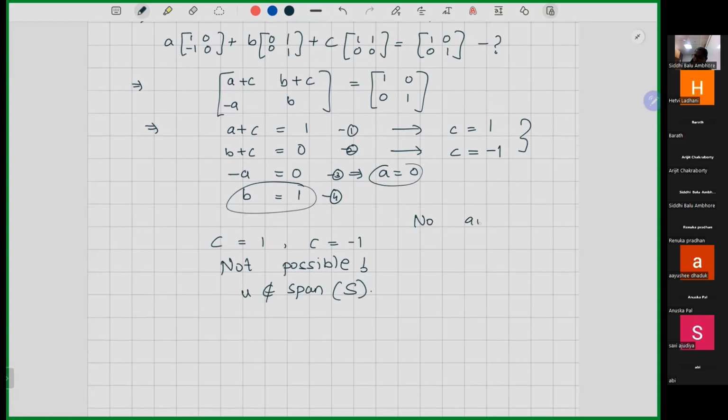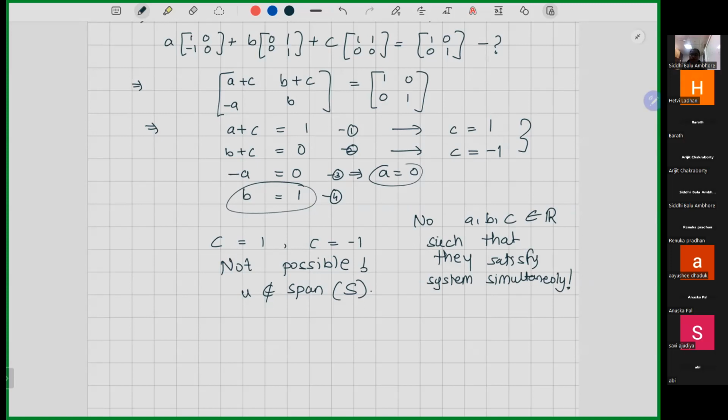Okay? Because no A, B, C exist in R such that they satisfy this equation system simultaneously. They all must satisfy all the equations, but that is not happening here.